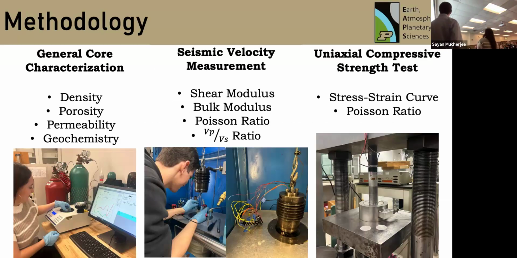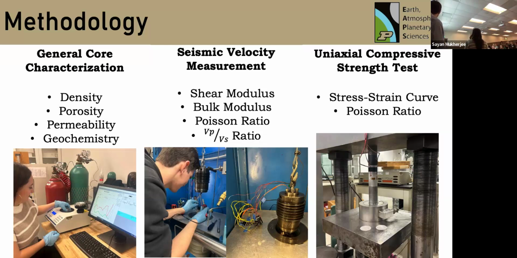Okay, so our first step is to calculate physical properties such as density and porosity through helium pycnometry. And then for permeability and geochemistry, we obtain this data from our coworker Simona, who's been working on thin sections in Germany.